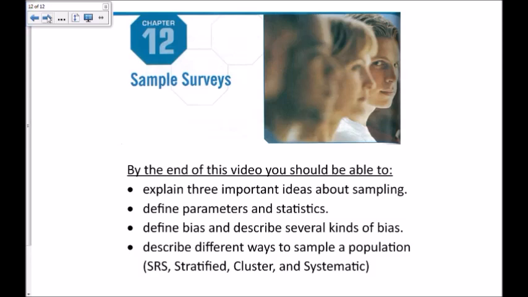We defined parameters being about the population and statistics being about the sample. We defined bias being that it differs in some way from the population, and described several kinds of bias. And we described different ways to sample a population: an SRS, a simple random sample, a stratified sample, a cluster sample, and a systematic sample.